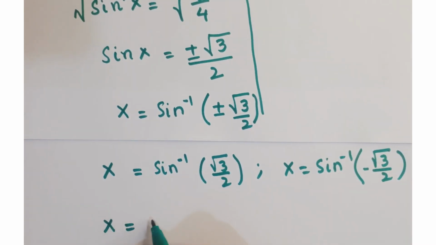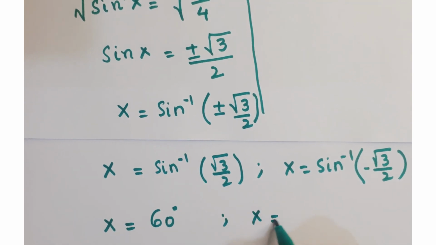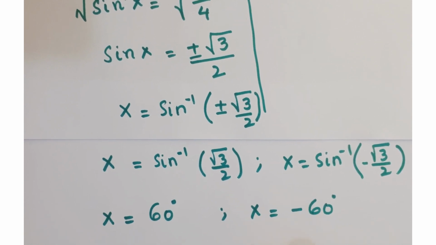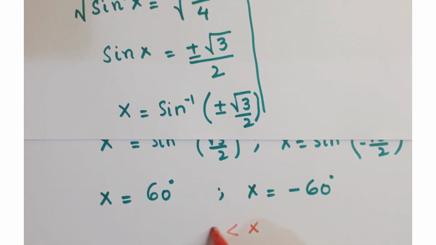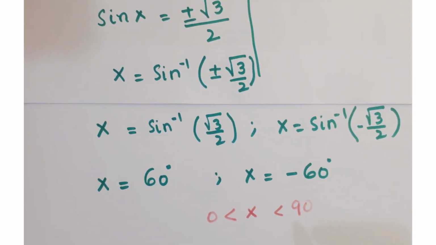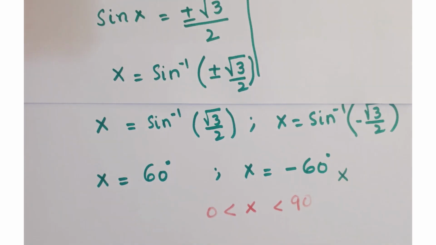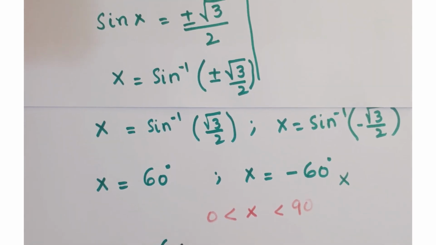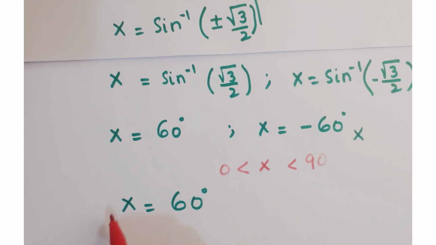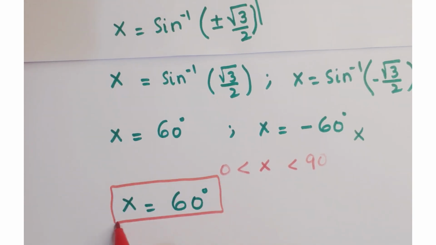So here we get the angle x is equal to 60 degrees, and here we get the angle x is equal to minus 60 degrees. Since it is mentioned in the question that x has a range greater than 0 and less than 90, we reject this solution of x. So x has a value of 60 degrees. This is one solution of x.